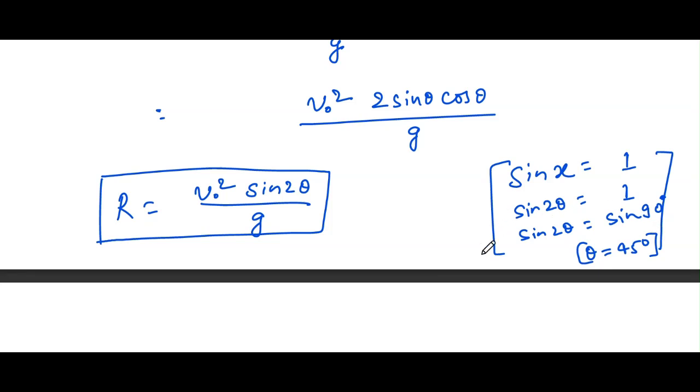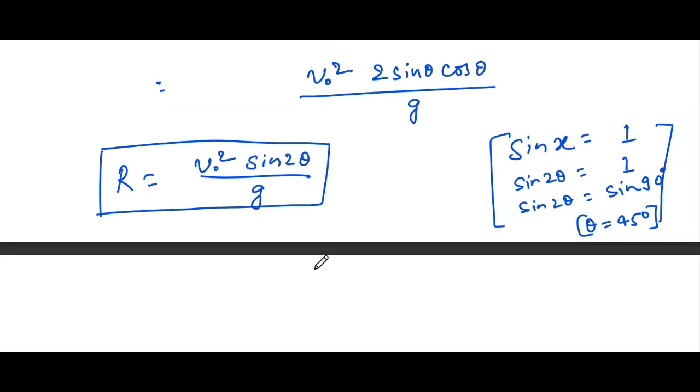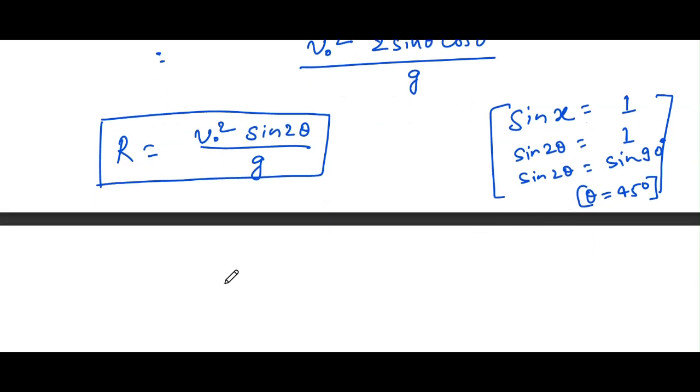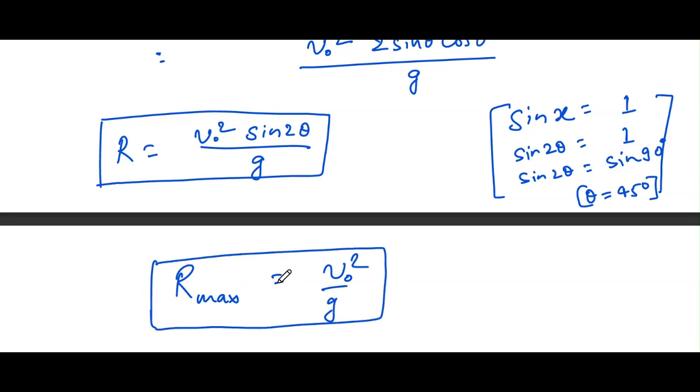So for a particular velocity, what should be the angle of projection to get the maximum range by the projectile? So this is the angle, 45 degrees. So we can write R maximum will be v naught square by g, because sin 2 theta should be 1 for the maximum value of this term.